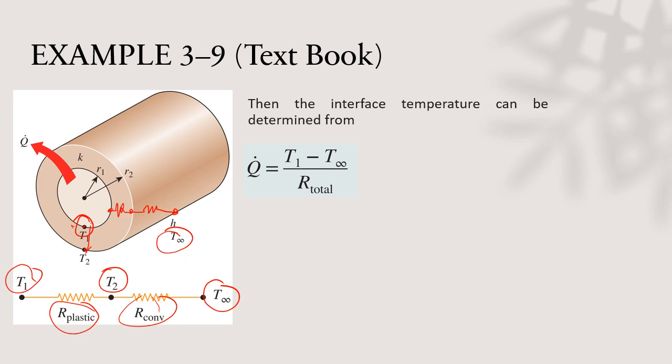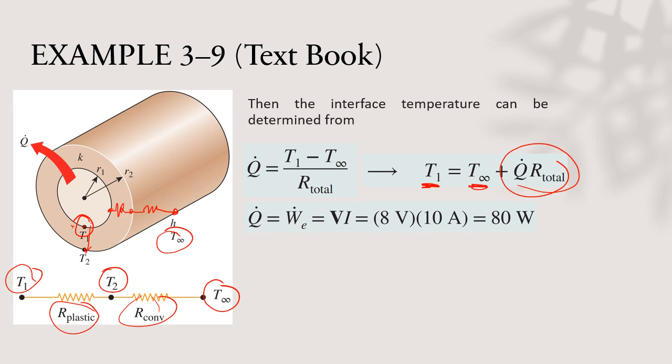So we try to get that information by doing some calculation. What we want to know is T1, right? We have T infinity, but we don't have these two, but we can calculate them using all the information that we have from the question.